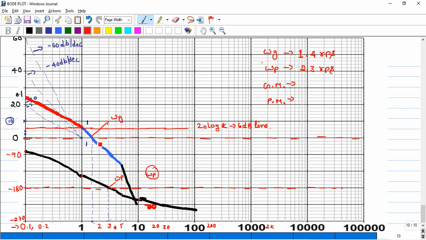And how to identify the gain margin and phase margin? Very simple, same construction line, it will intersect here. This particular distance will be the phase margin, and when you extend this particular to here, and with respect to 0 dB and the phase plot, we call this as gain margin, okay. So gain margin here, you need to consider the particular scale.